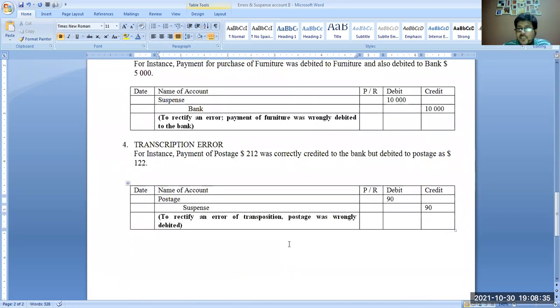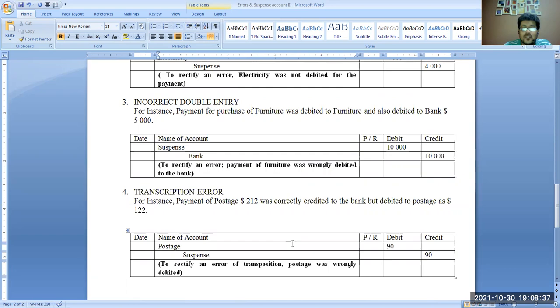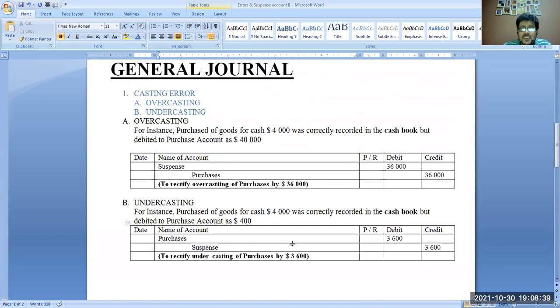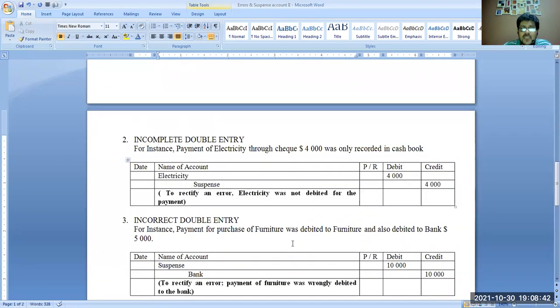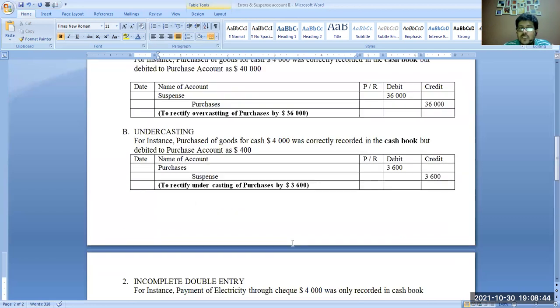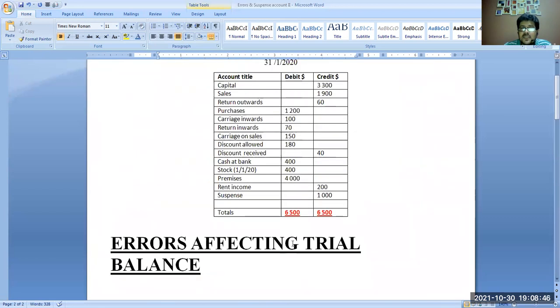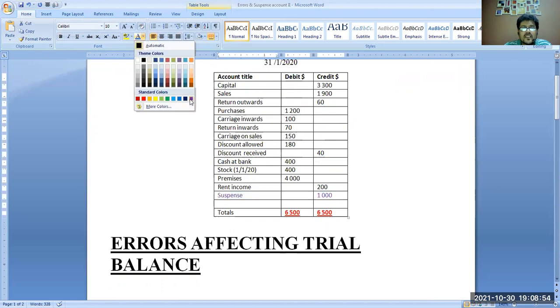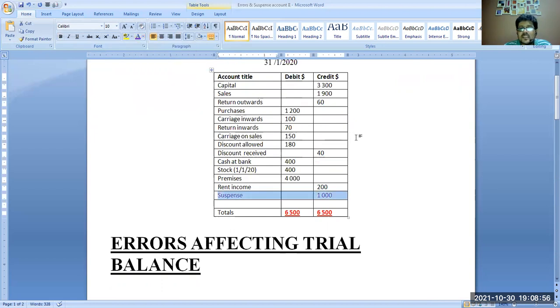Okay. So these are 4 errors affecting trial balance, and for every rectification of these 4 errors, we have suspense as one component, because the difference of the trial balance was actually posted to the suspense account. Getting my point clear? Because we don't know what is missing.